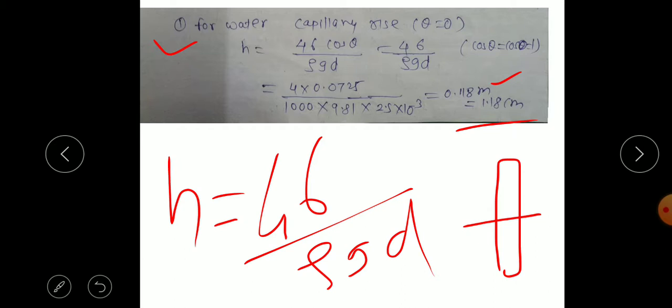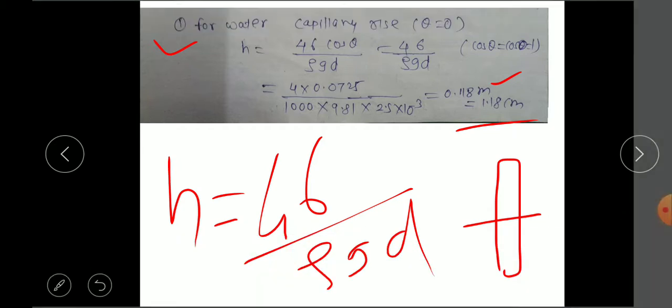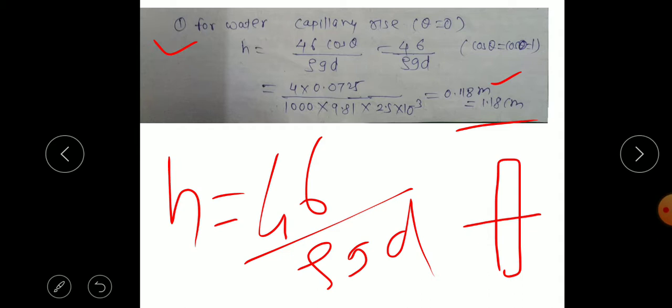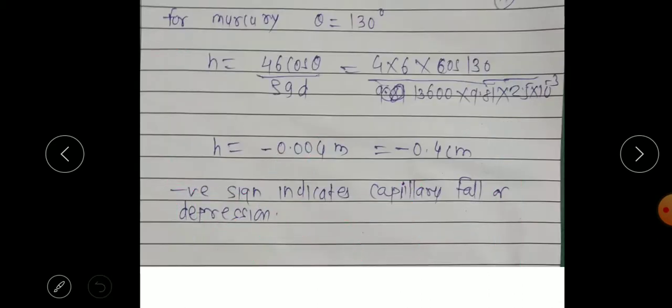So this is the formula that we have derived, 4 sigma cos theta upon rho g d. Next, for mercury, theta is 130 degree. Again putting in h equals 4 sigma cos theta upon rho g d, with the surface tension of mercury given, and putting the values we get h equal to minus 0.04.